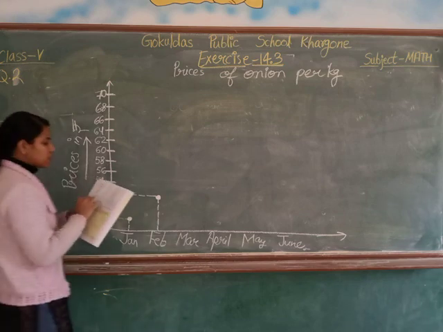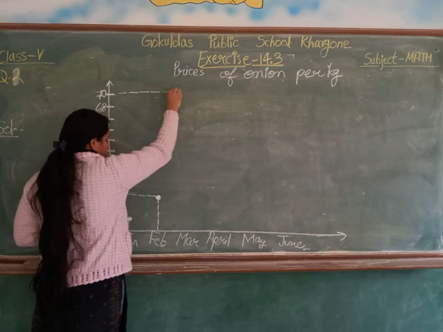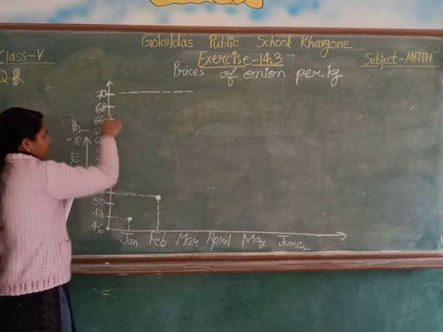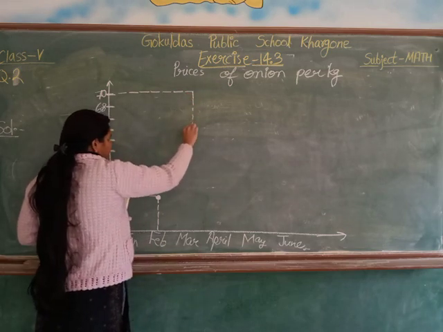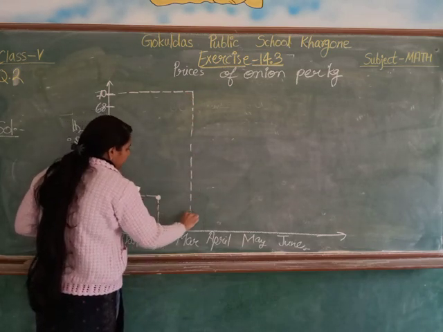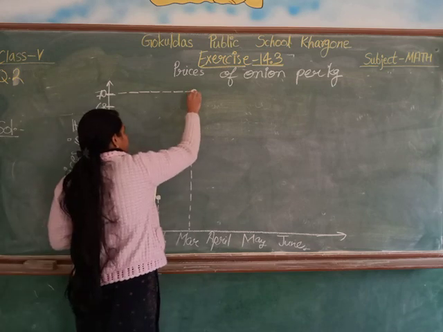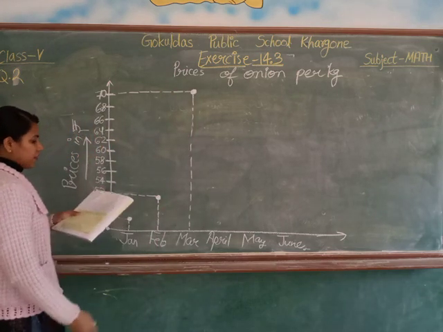In March the price was 70. Find the 70 on the vertical line and draw a dotted line from it till March. Draw one dotted line vertically. We got the intersection point, so make a dark point there.